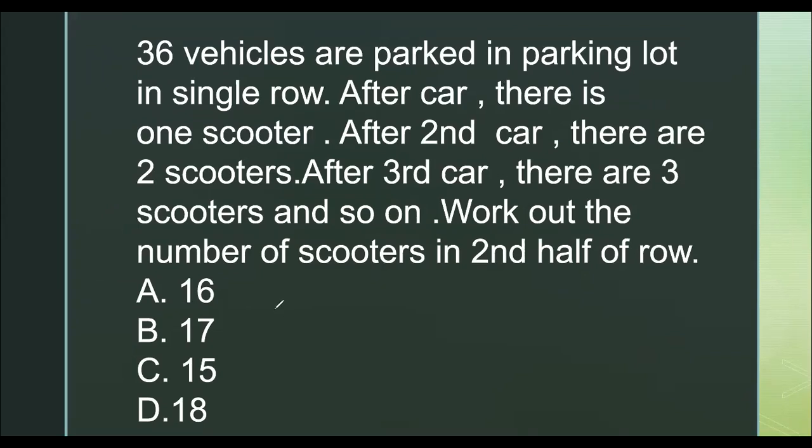We have to read it carefully, then note it down. So 36 vehicles are parked in a parking lot in a single row. After the first car, there is one scooter. After the second car, there are two scooters. After three cars, there are three scooters, and so on. So work out the number of scooters in the second half of the row.